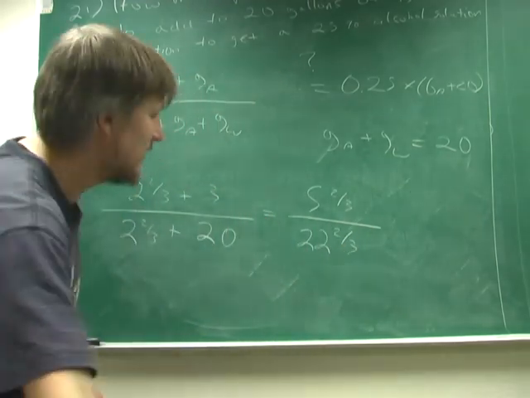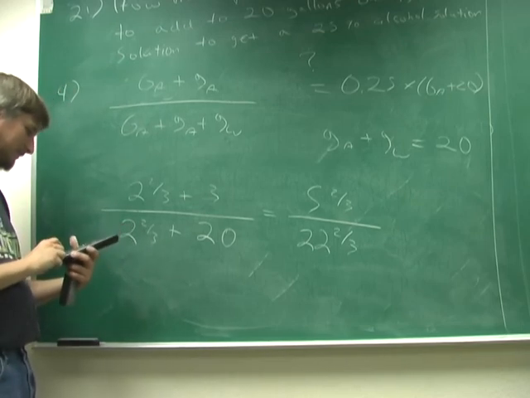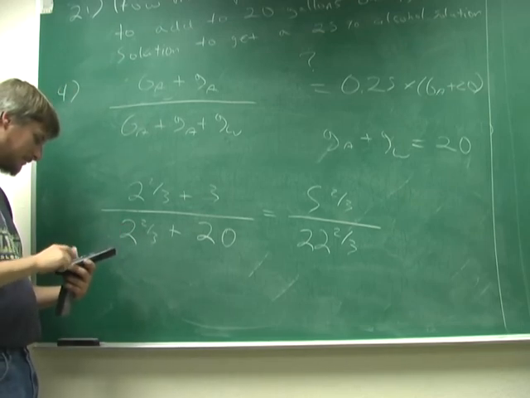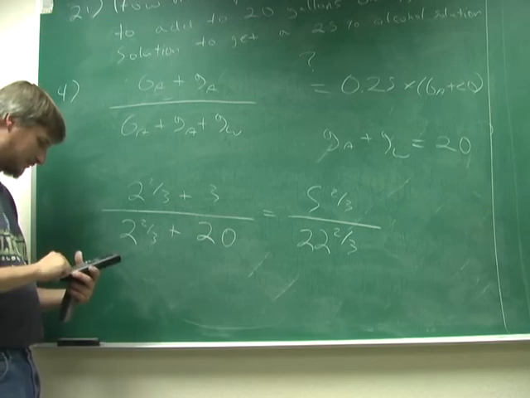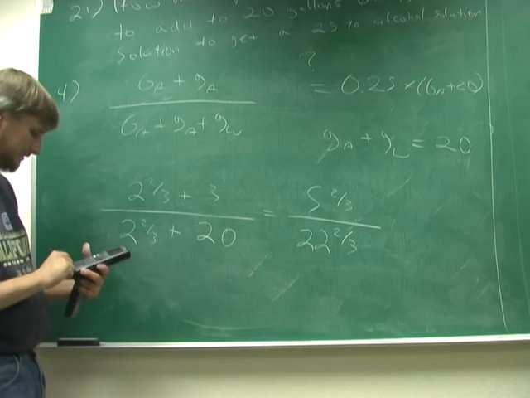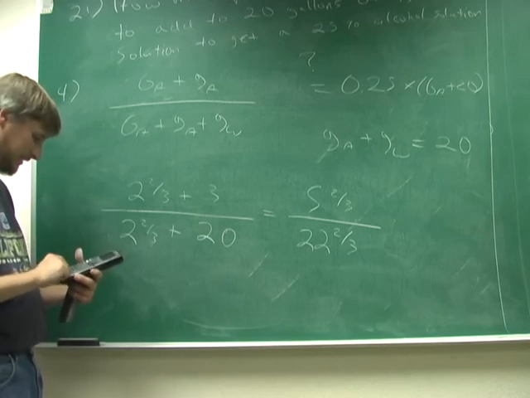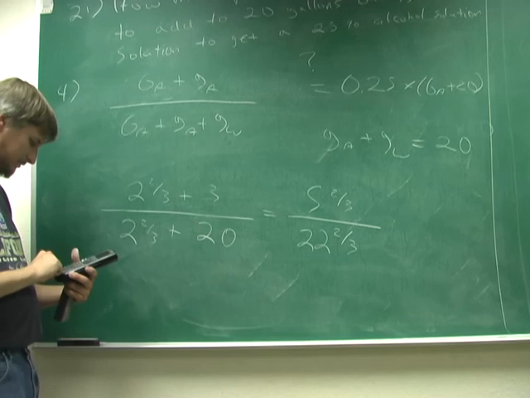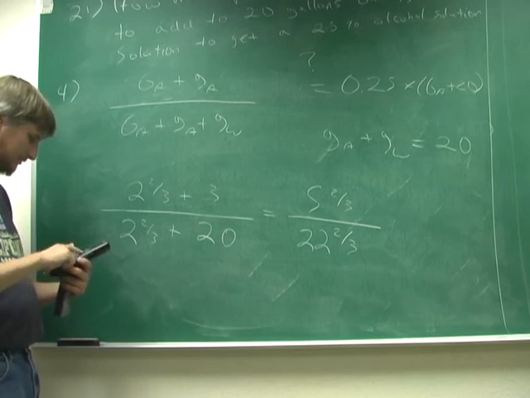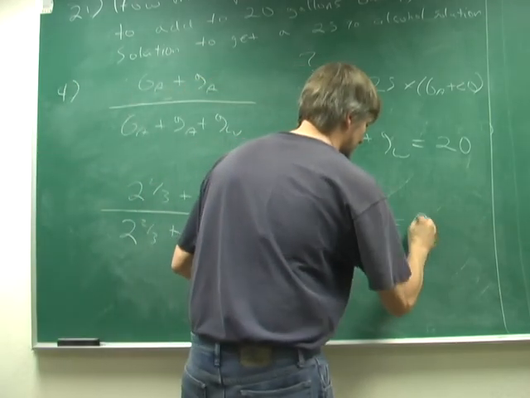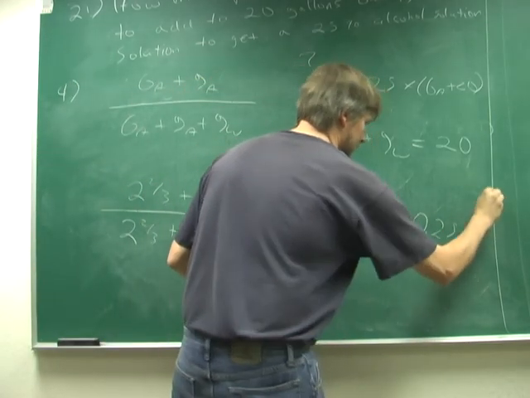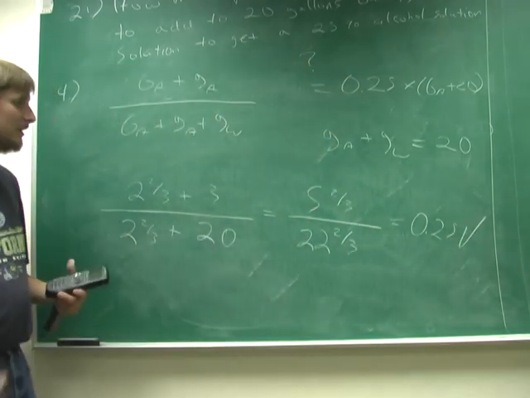I'm running that on the calculator real quick. Let's see, 22 plus 2 divided by 3. And that'll give us 0.25, and our solution works.